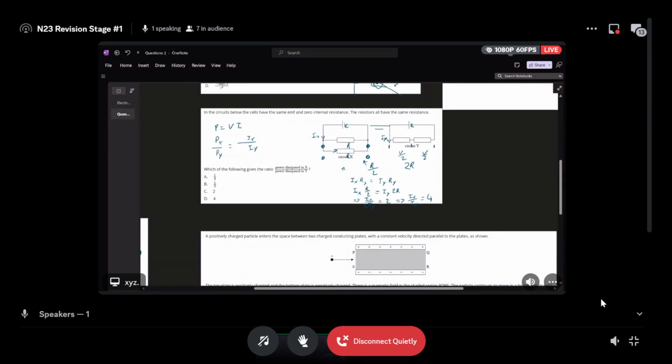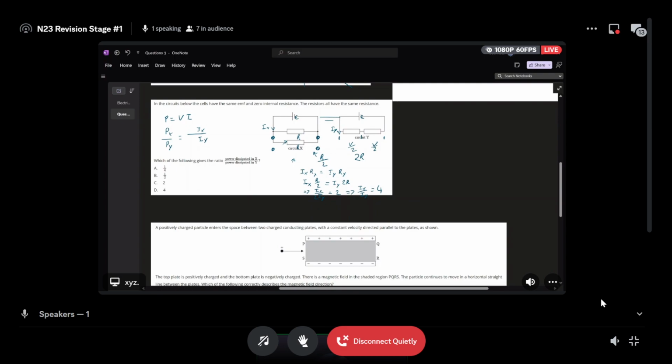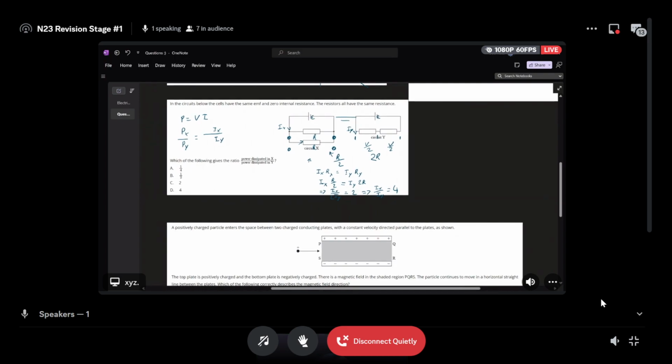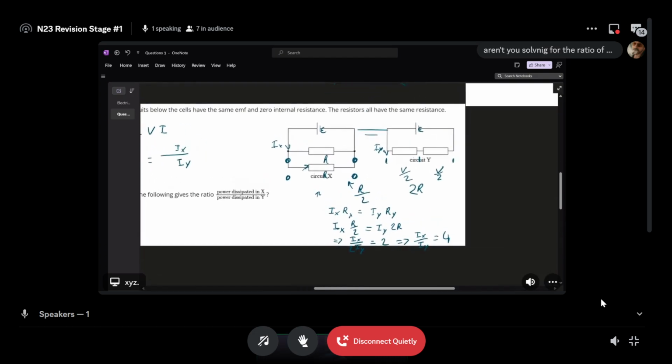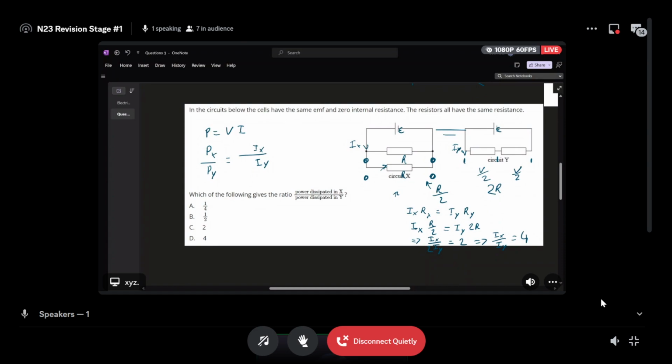And let's see if there's a way we can get to it quite quickly. You know for a fact that the current flowing in X must be greater than the current flowing in Y. And you know that the voltages are equal.